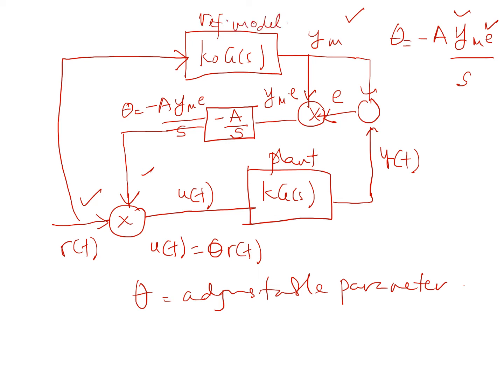Here is the MRAC control structure. We determine the equation of theta, and then we change the structure of the MRAC based on the equation of theta that we already got.